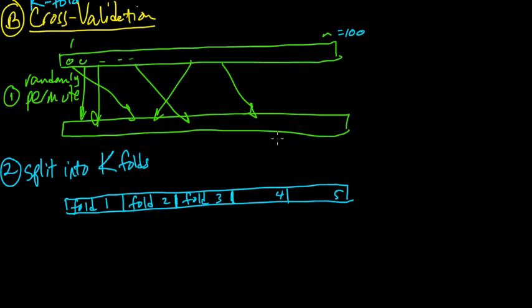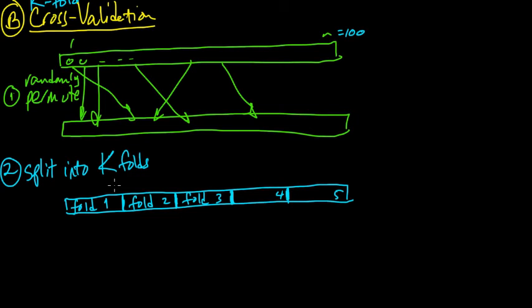In general, they're equally sized, or you try to get them as close to equal as possible. Equally sized subsets that divide the whole data set D into k different parts.